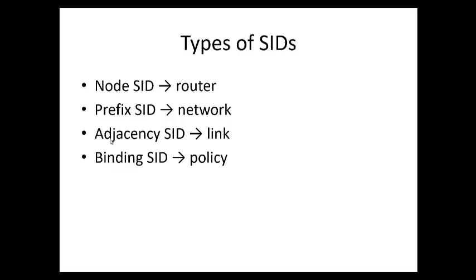What is policy here? I want the traffic to go through router 2 and then take right to router 7 and then take left to router 9 and then go to the destination.